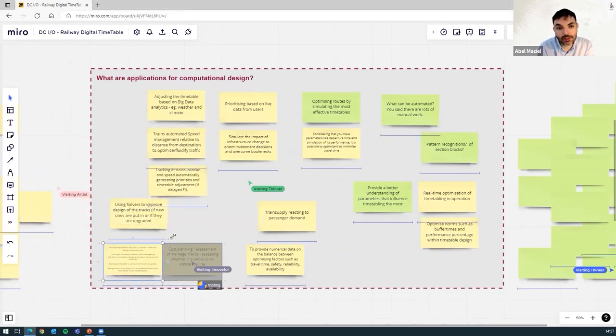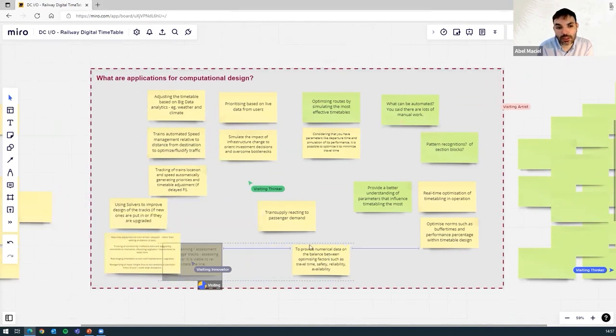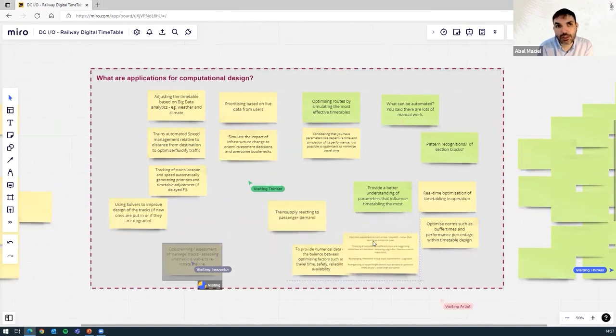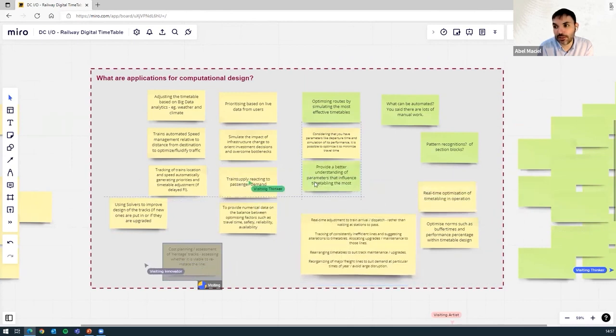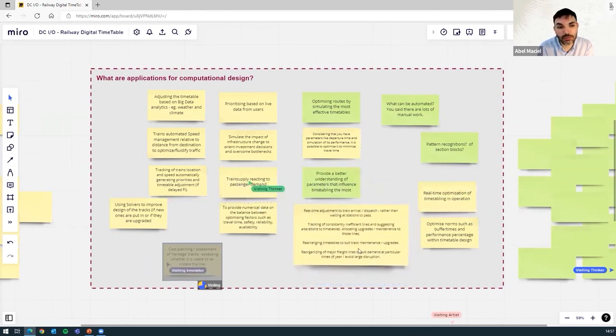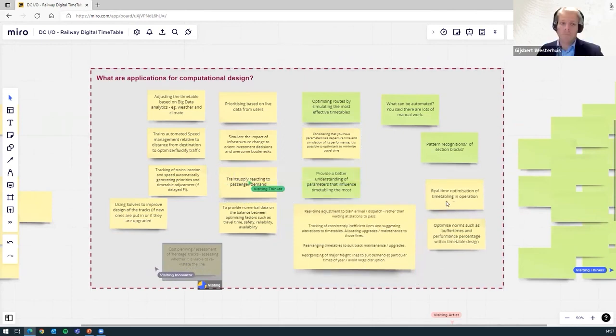You said there is a lot of manual work, so there are lots of things that have to be put together by hand, right? It's almost like drawing something in CAD. You need to actually do it manually, and I was just thinking what can be automated. Yeah, good point.